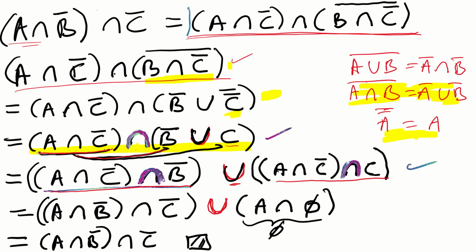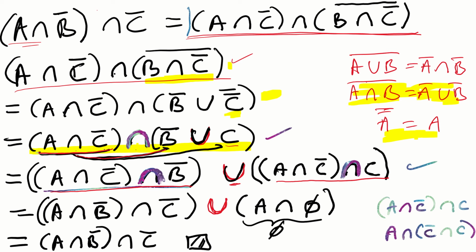Now what you can see from here is if you have A intersection C complement intersection C, because they are both intersections, you can just put it this way. This is the same as A intersection C complement intersection C. So again, we can distribute the parentheses that way.